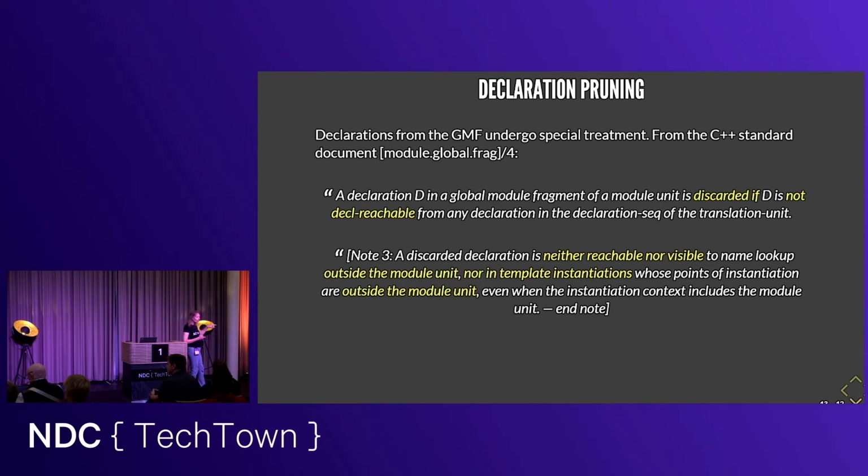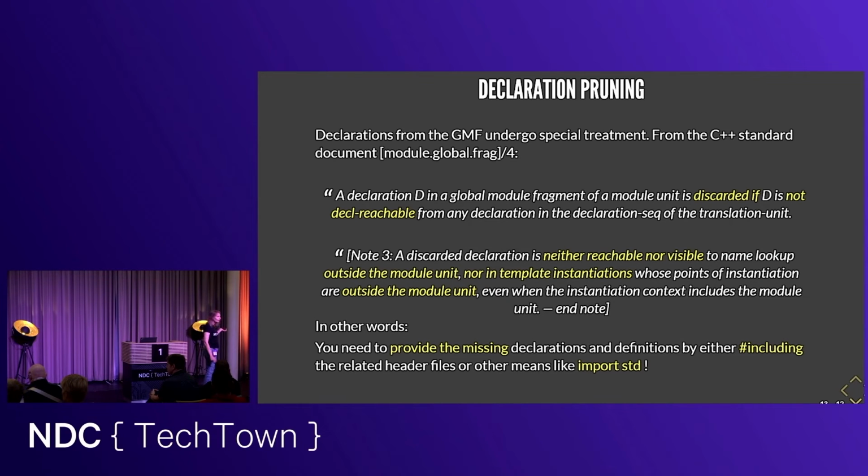The point is, if an entity is discarded from the BMI, the entities in there and the names are neither reachable nor visible. And this means instantiations within the user code have to deal with the fact that declarations are missing. In other words, we as programmers have to provide them.